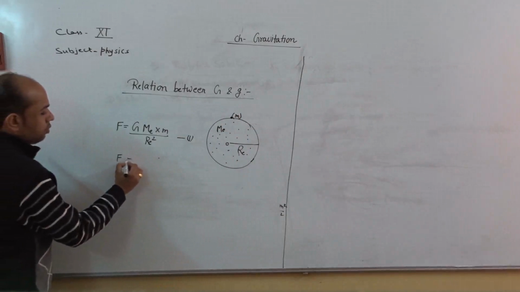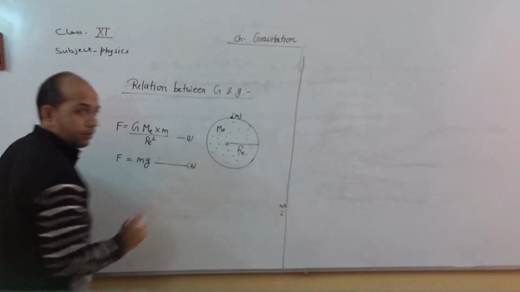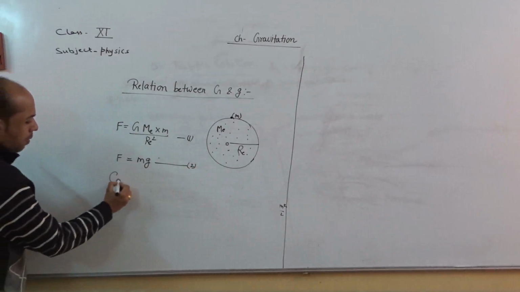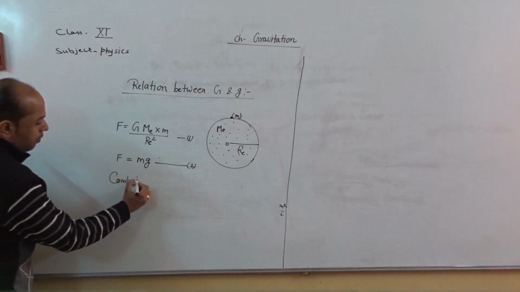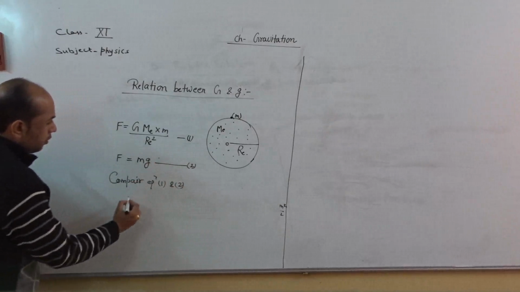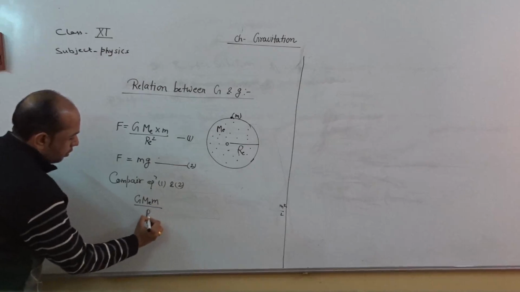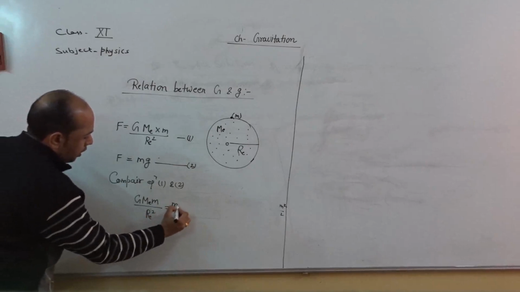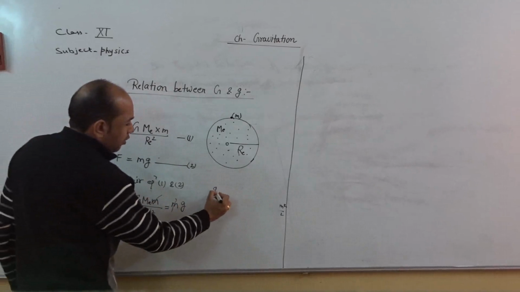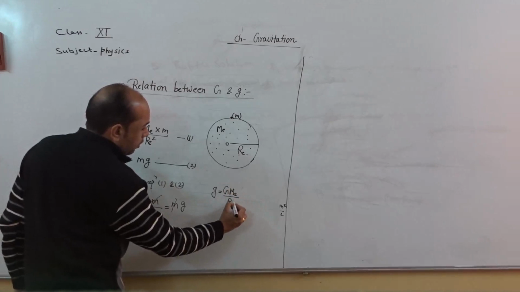This is F is equal to mass into gravity, that is gravitational acceleration. So two forces act on this object. Now we have to compare equation first and second. So G ME M upon RE square equals M into g. Now M and M cancel out. So we get the relation g is equal to G ME upon RE square.